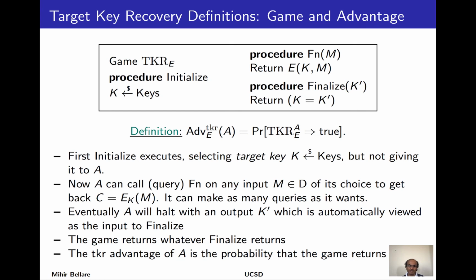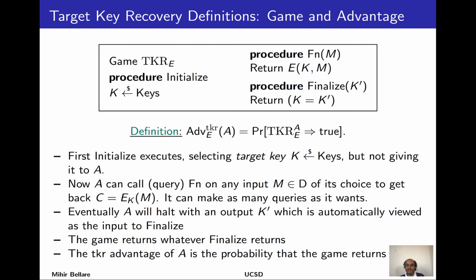It will have encapsulated their capabilities into procedures in the game so that they don't appear in the abstraction. So that key is now fixed, but it's hidden. The adversary cannot get it back or see it. The game will just run this procedure, or the adversary can by calling it, and it'll be initialized and stuck there.